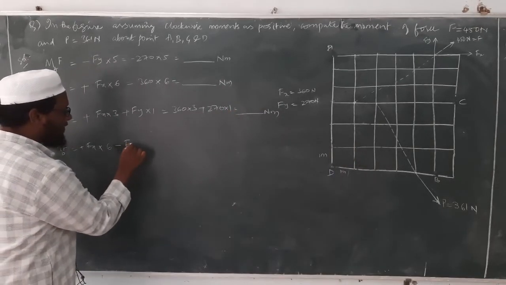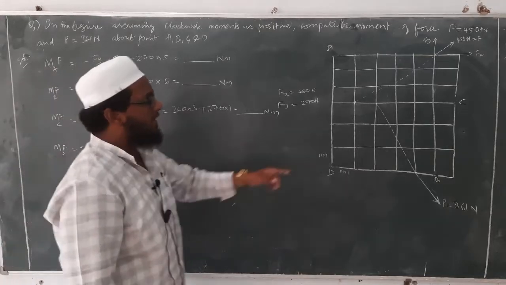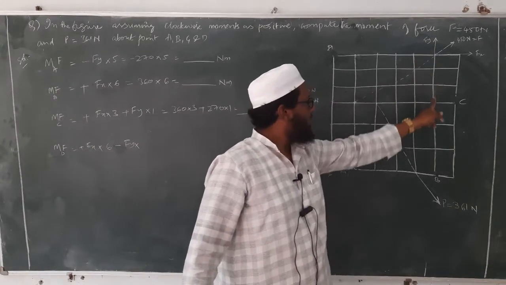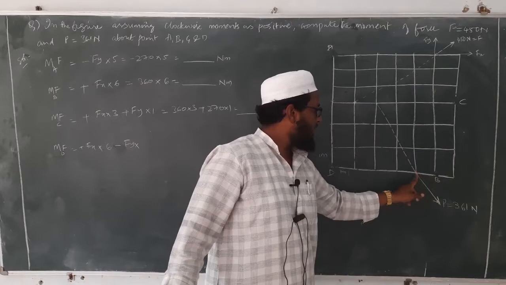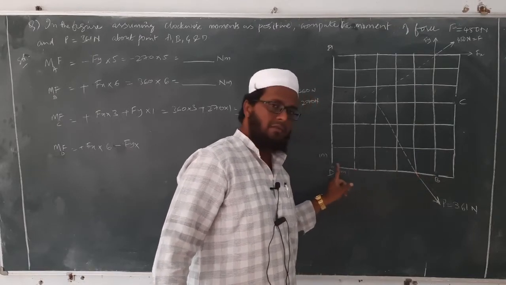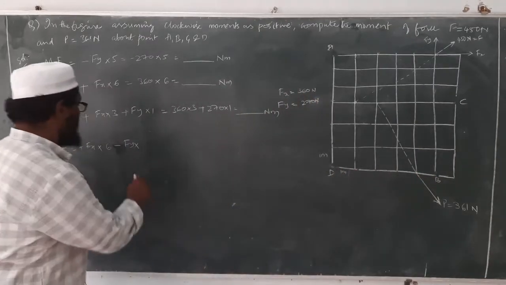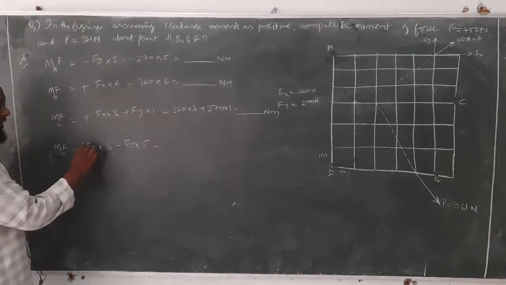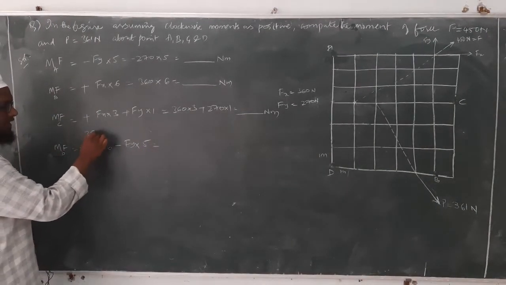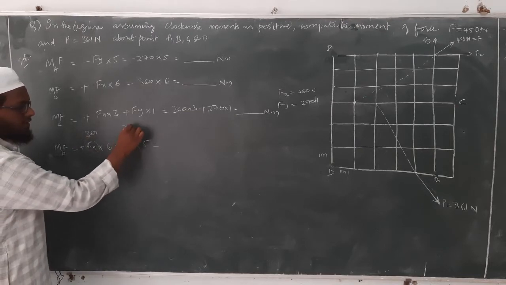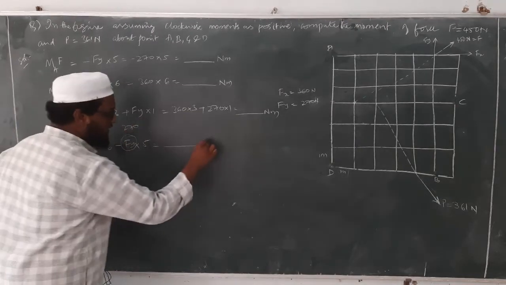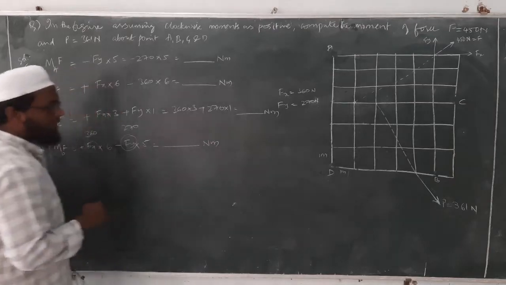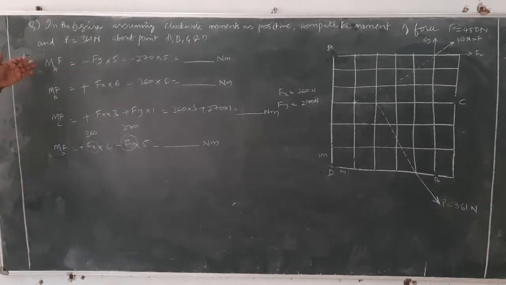Fx going clockwise, but Fy anti-clockwise. So minus Fy into perpendicular distance, which is 1, 2, 3, 4, 5, into 5. The value of Fx is 360 and value of Fy is 270. You will get the value in Newton meter. Able to understand this one, right?